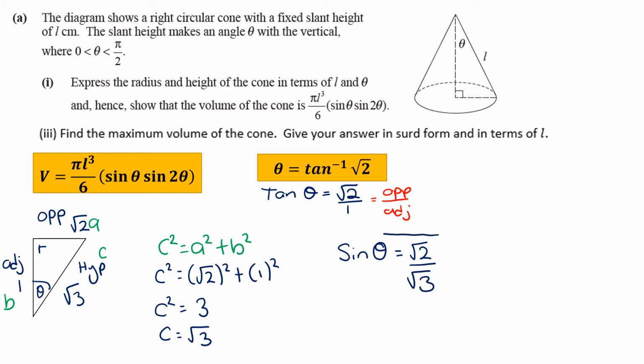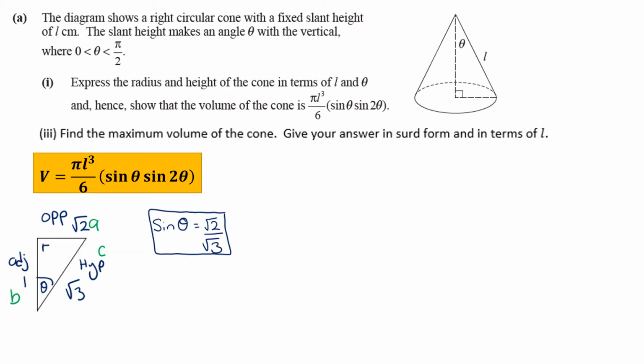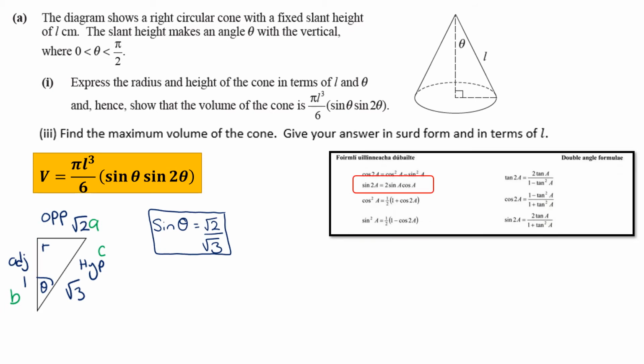Now, I also need sine of 2 theta, so I'm going to go back to my log tables to look for that. So in my log tables, I have what I used in part 1, so sine of 2a is equal to 2 sine a cos a. So if I work out cos theta, it's adjacent over hypotenuse.